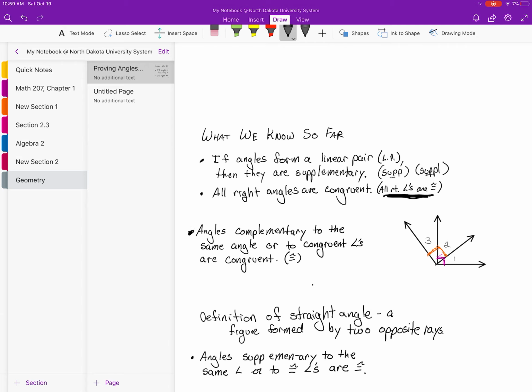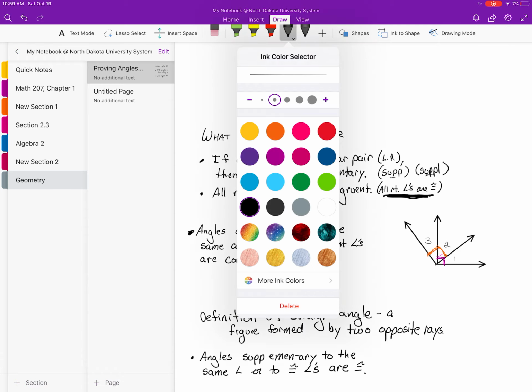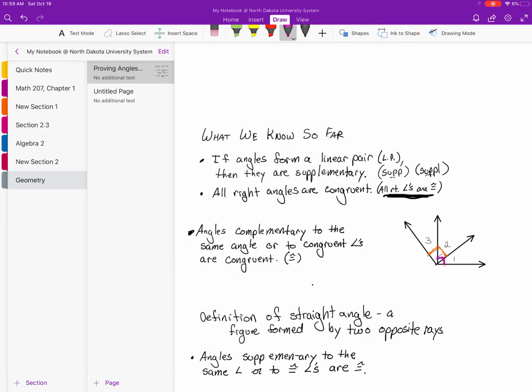Angles complementary to the same angle or to congruent angles are congruent. We kind of talked about this in class one day, but let's talk about it again. We have three angles here, right? I tried to draw it so that they wouldn't overlap and it would be easier to see, but 1 and 2 are complementary, right?